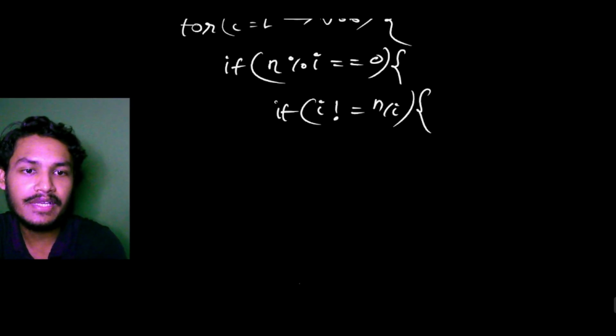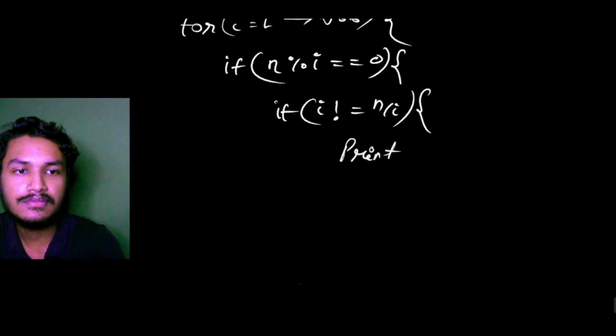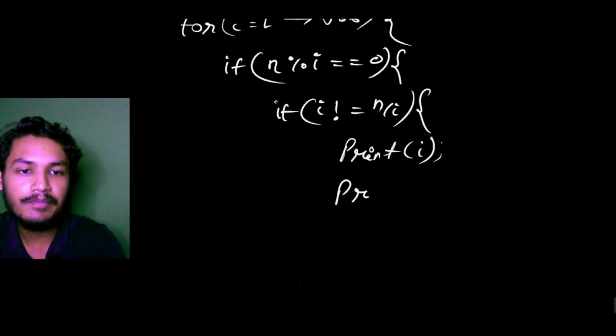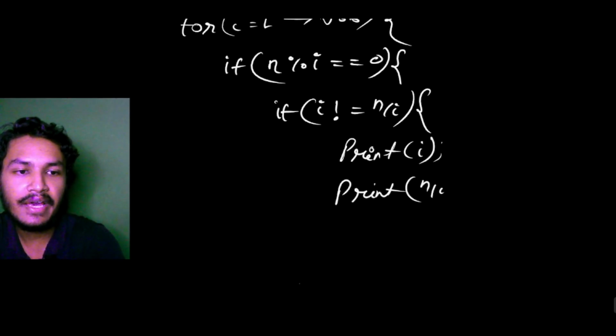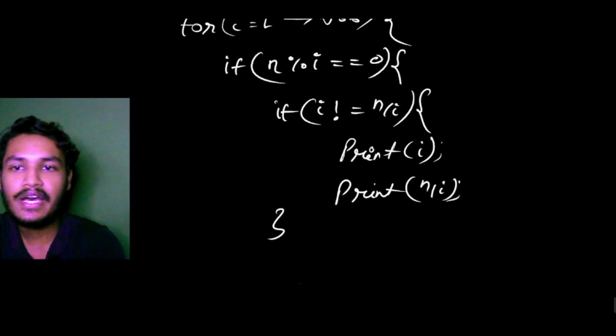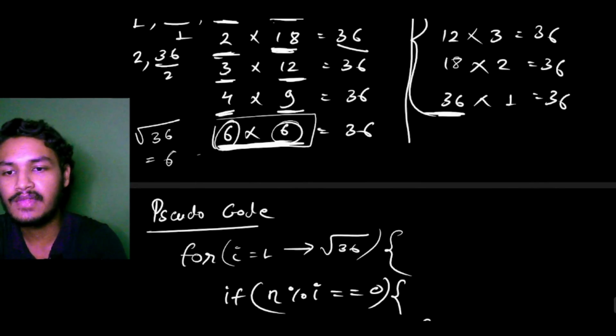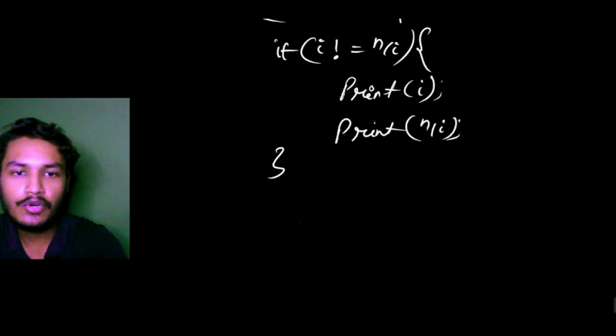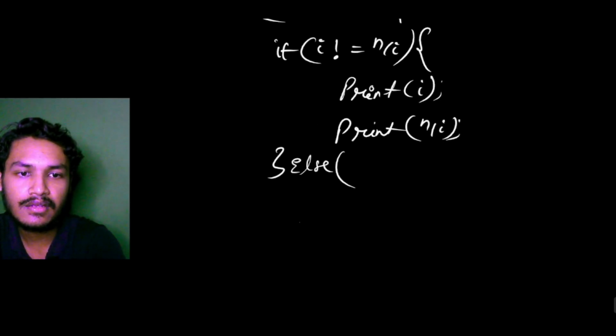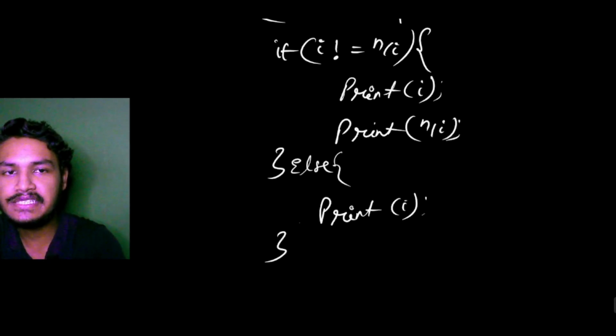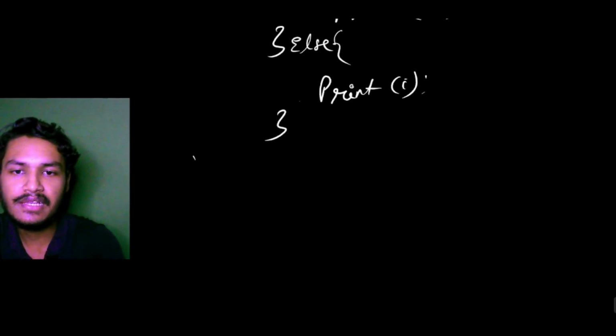If this condition is not true, that means we are in this step, and in this step if we print this or this, that will be the same. So else, we can print either i or n by i, and then we close the for loop.